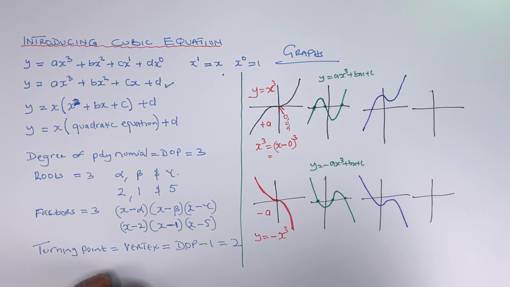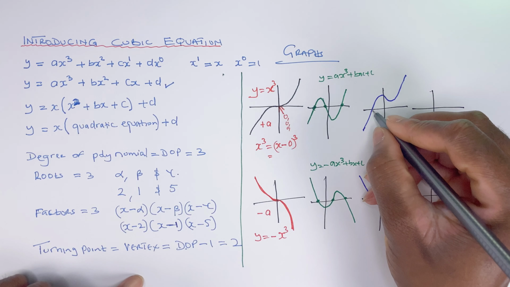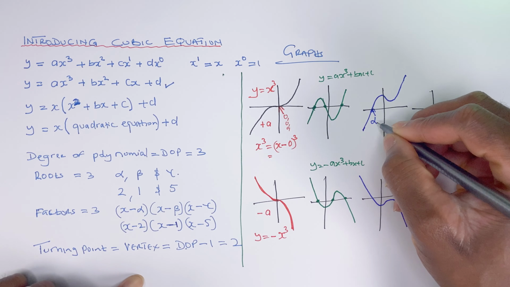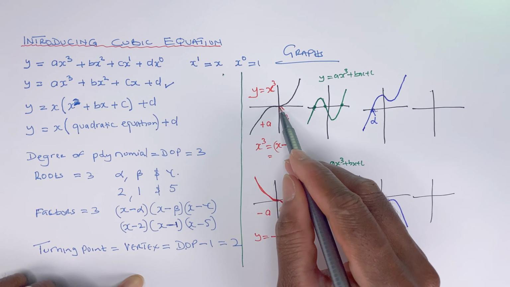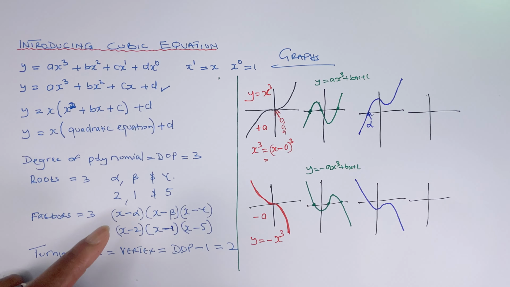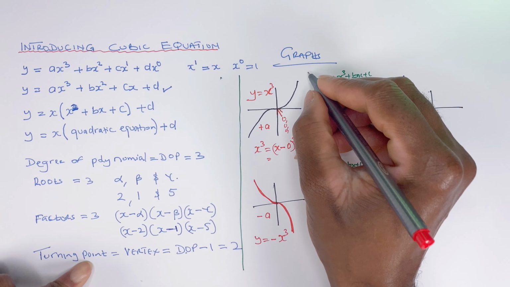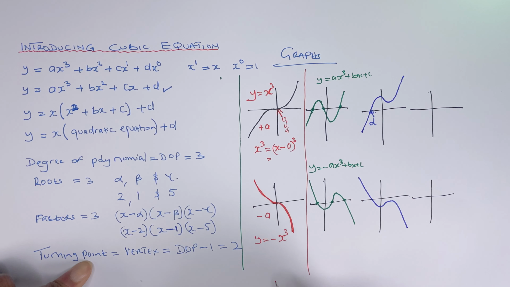In this case, we've got one root, so that would be alpha, one real root. This is 3 real roots, but equal roots. So let me label that carefully. These ones are equal roots, 3 equal roots.